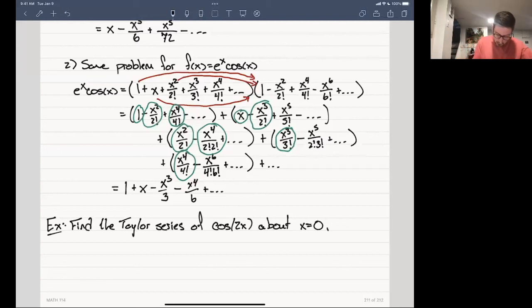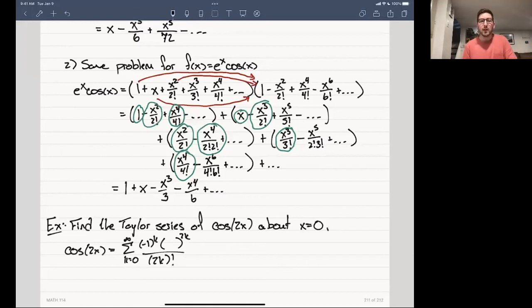This is a composition. So cos of 2x is equal to the sum n equals 0 to infinity of minus 1 to the n. You can use a k in here. Actually, I will use a k just to keep things consistent. K equal to 0, minus 1 to the k, and the power is going to be 2k, and you're going to get 2k factorial.